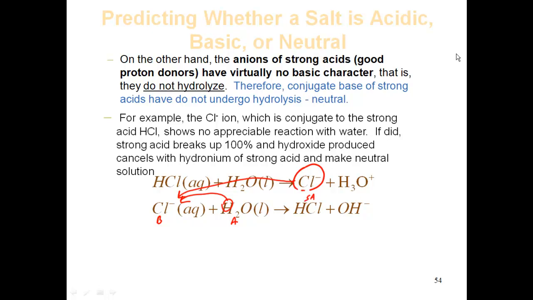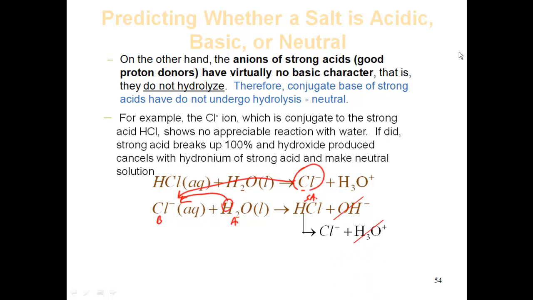HCl is a strong acid. What happens to a strong acid? It breaks up 100%, so it forms Cl- and H3O+. You notice I have 1 mole of hydroxide ion and 1 mole of H3O+. If I have one of each, what happens between those two species? They neutralize each other, which basically means they form water, so they cancel out.